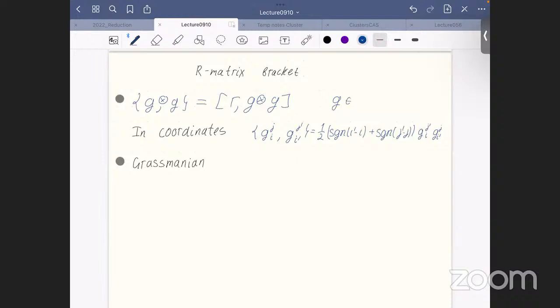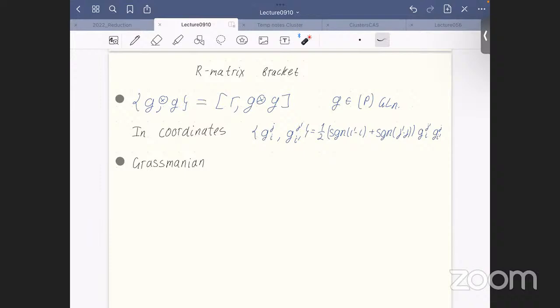It is not very important. P in bracket GL. R is a classical R matrix, which I defined, I believe, in lecture 5 or lecture 6 of the joint notes.